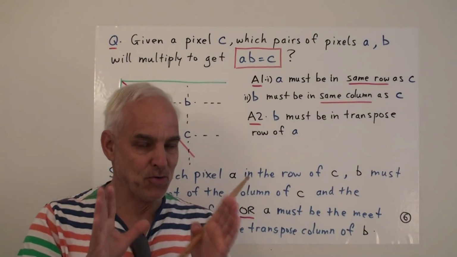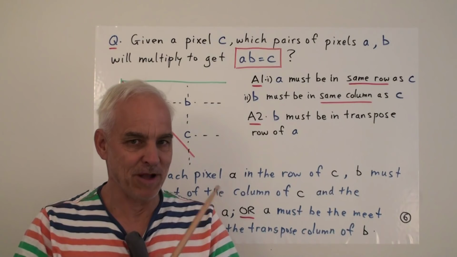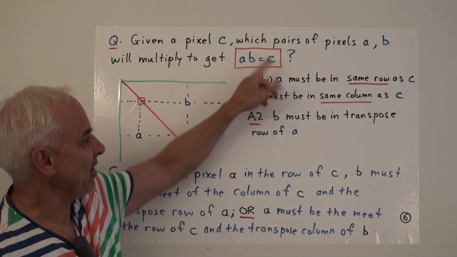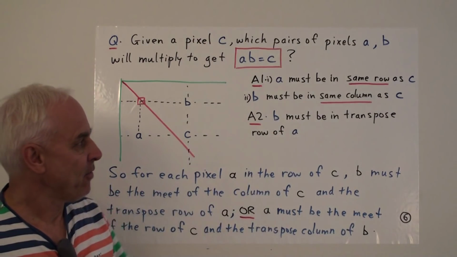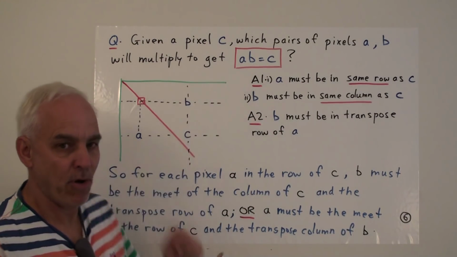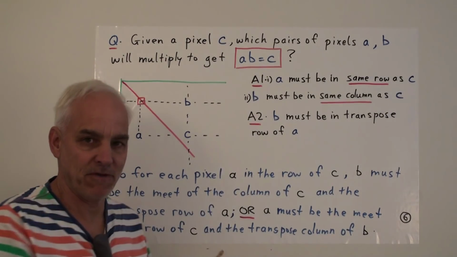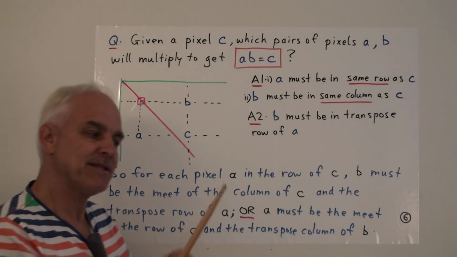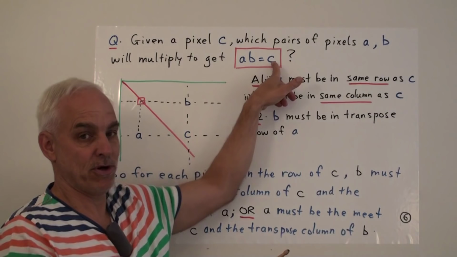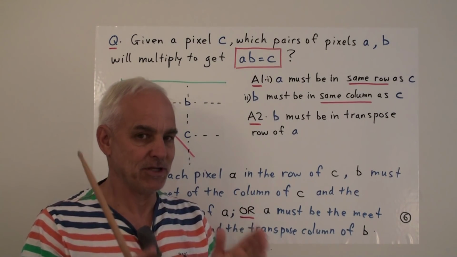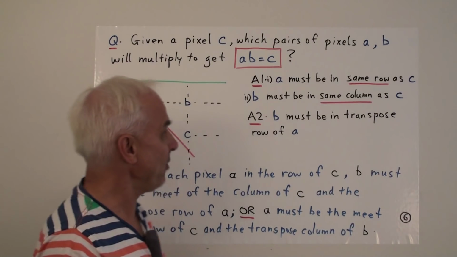Now there's a third way of looking at this multiplication. So if A times B equals C, and A, B, and C are pixels, we've looked at things from the A point of view, and we've looked at things from the B point of view, but we still can look at things from the C point of view, and that gives us another important insight into what's going on. So let's do that now.